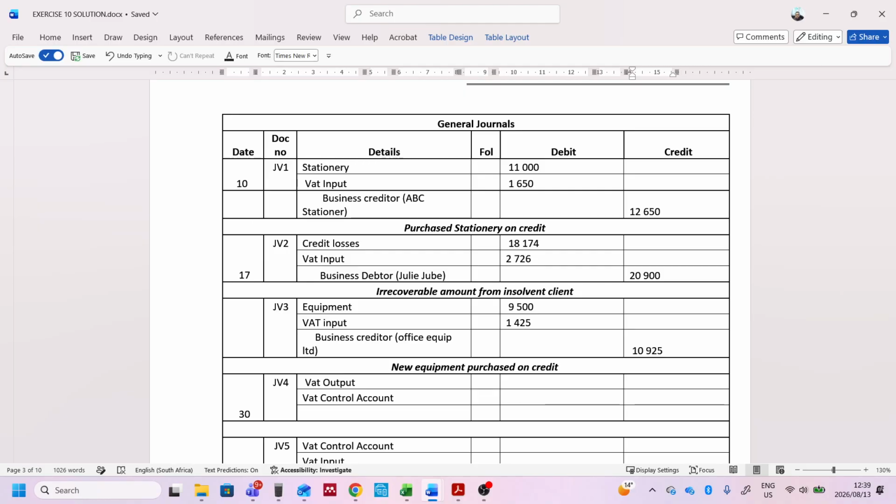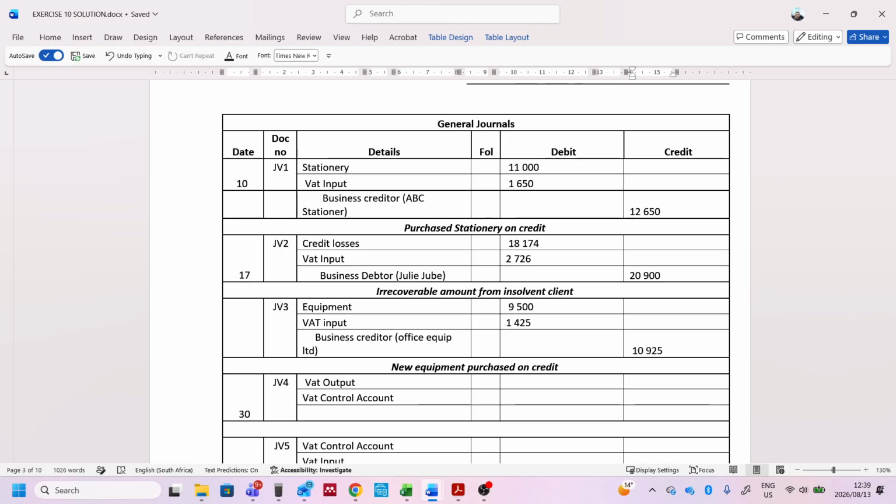His account was credited with 20,900. So we went to his account on the credit side, and then we write the names of the two accounts that were debited, which is credit losses and VAT. The amount that is written is the amount that is on the client's account.